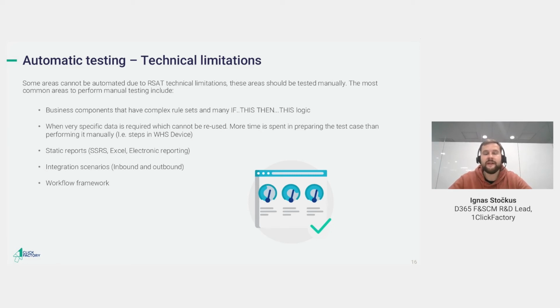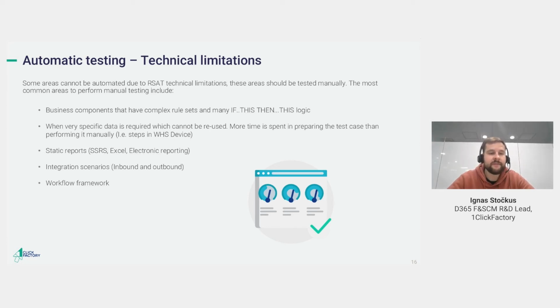So if it's very complex rule sets, we just document it and then we perform it manually, because when you do it manually, the engineer or the user that is performing it fully knows what should happen, what will be the end results, and what you need to think about. So he will immediately think of multiple scenarios that go besides the main area.